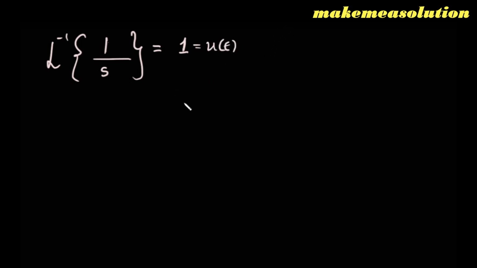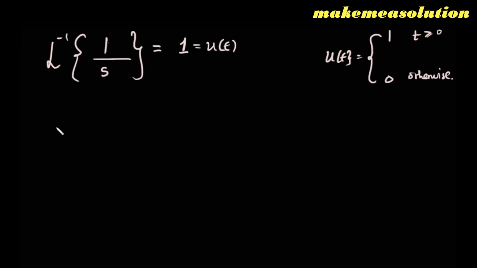For those of you in control theory, u of t is defined by the function 1 when t is greater than or equal to 0 and 0 otherwise. Okay, so this is our Laplace inverse of 1 over s.